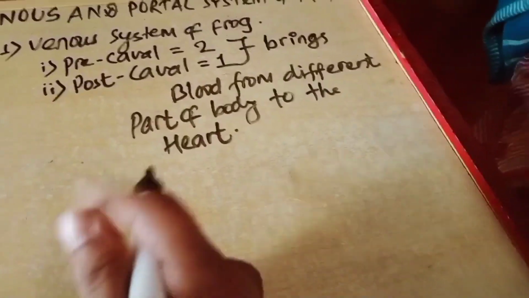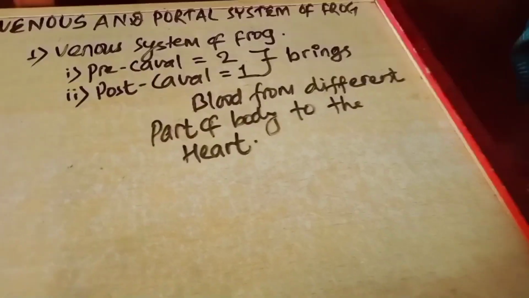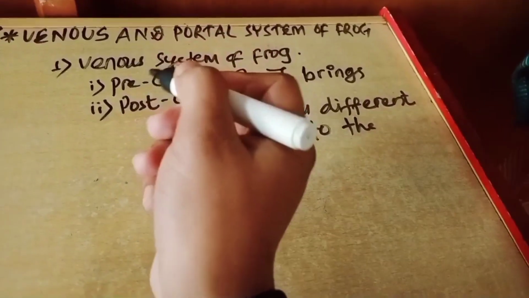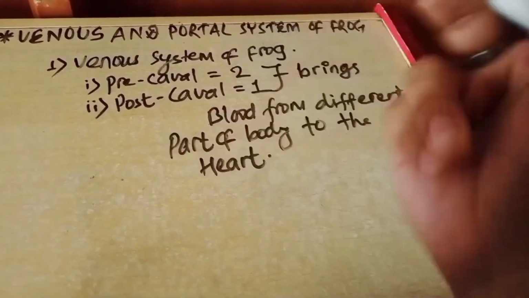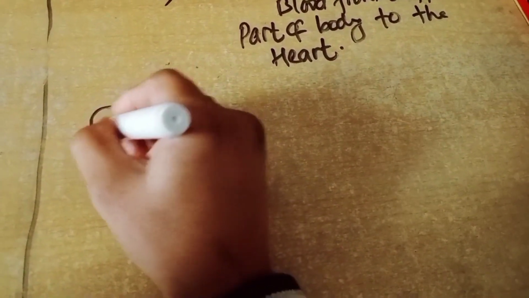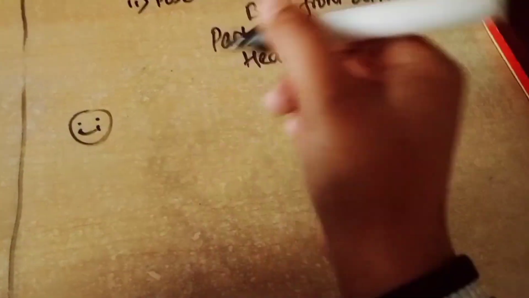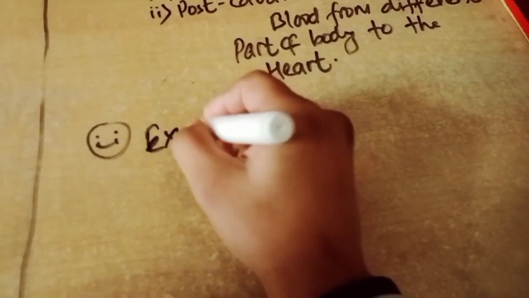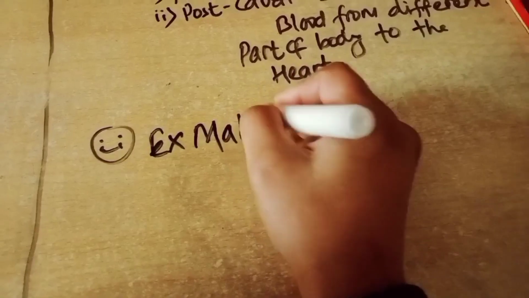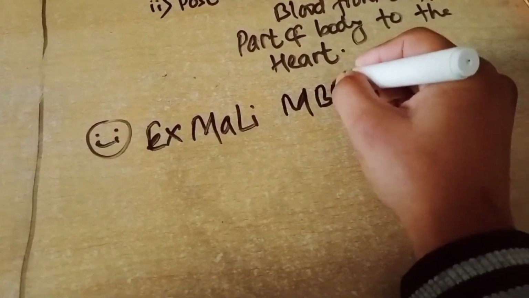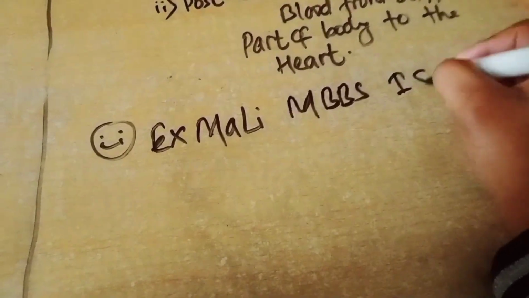So for the trick we have one statement for the precaval and postcaval branches, that is: remember X Mali MBBS ISI.